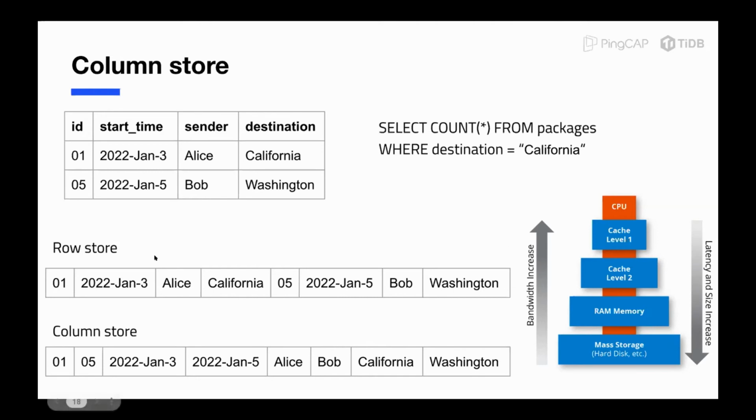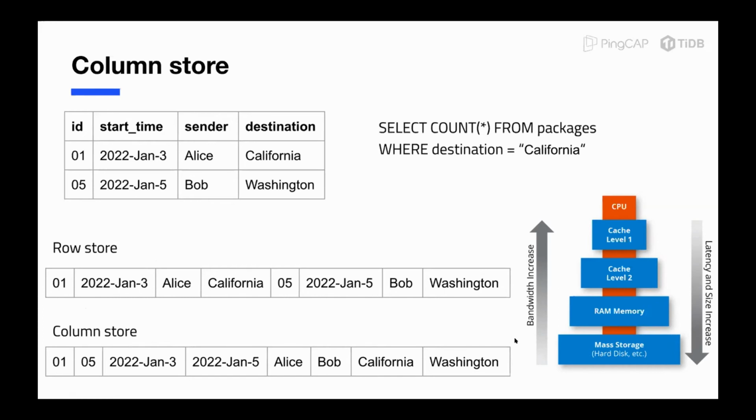So in the row store, the data are just organized row by row, starting with ID, time, name, destination, and just repeated. However, in the column store, the data from the same field are stored together. So all IDs are together, all timestamps are together, people are together, and the destinations are together.